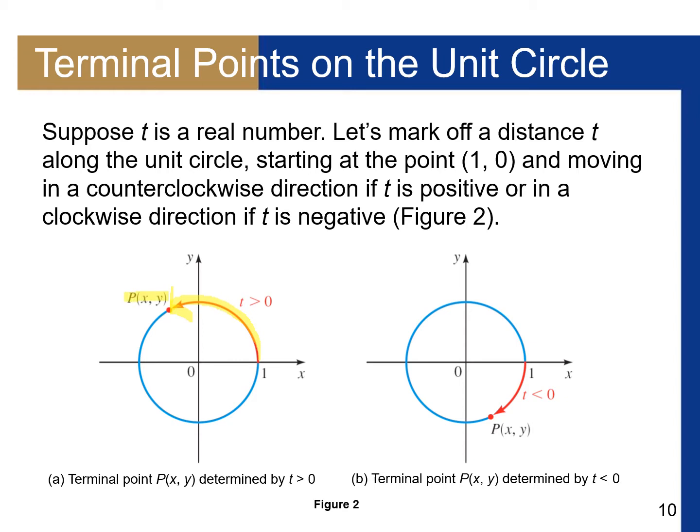Now I did not have to stop right here, but I'm just stopping at a random place and showing you that if you go in the counterclockwise direction, that's what it will be.